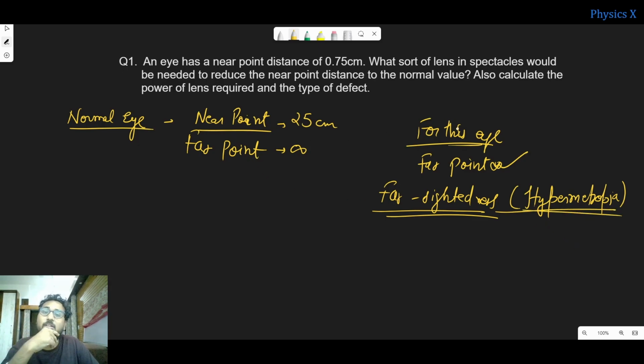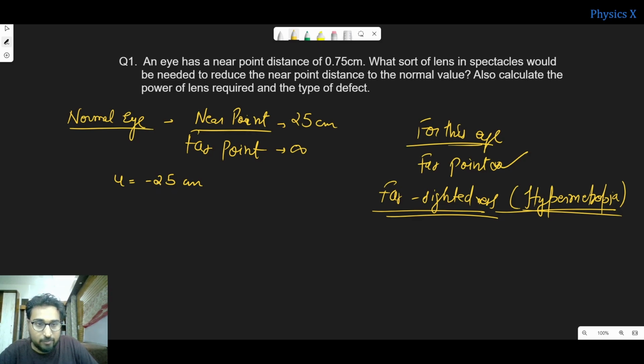Now let us calculate the values first. What sort of lens spectacles would be needed? I already told you that the near point is disturbed and the far point is okay. That means far sightedness: it can see far points very clearly, but not near objects. For the worst case, when the object is placed at the near point, the eye will have the most blurred effect.